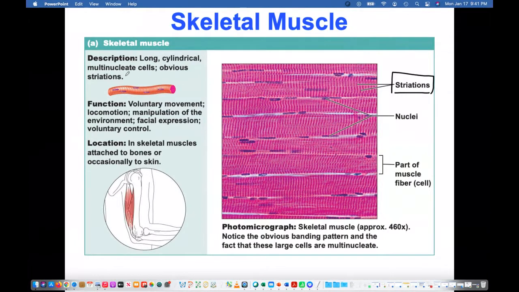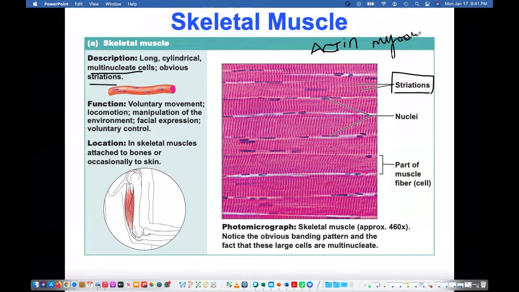Skeletal muscle cells are multinucleated. They do have striations. What gives it the striations is the way the light penetrates through the thick and thin protein filaments of muscle, and we call those actin and myosin.